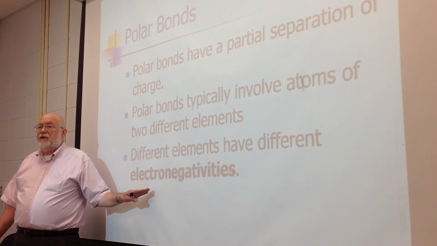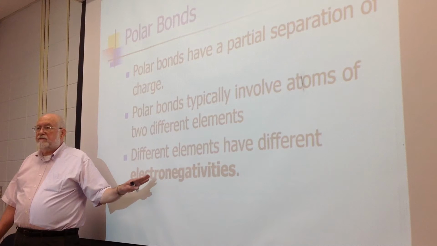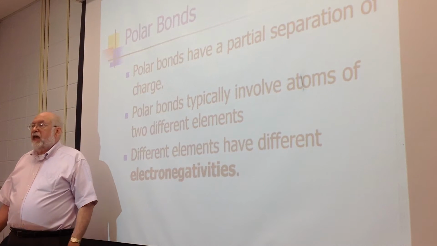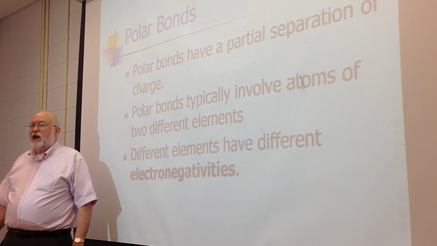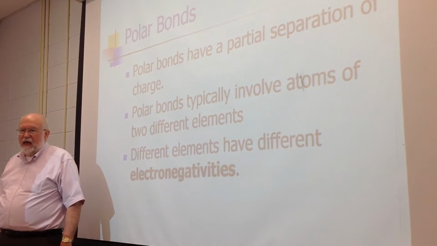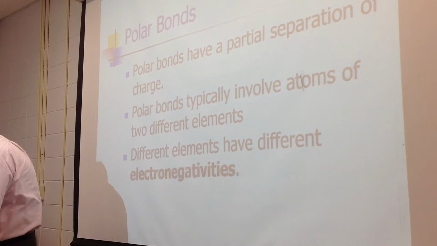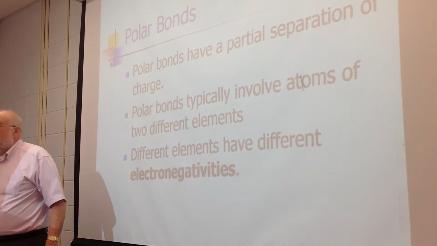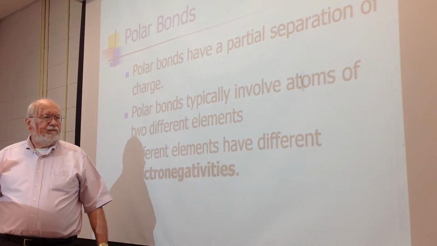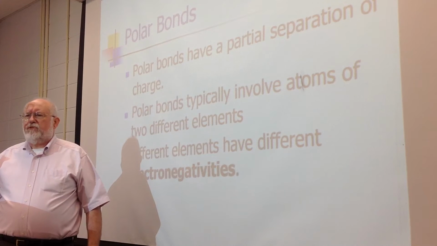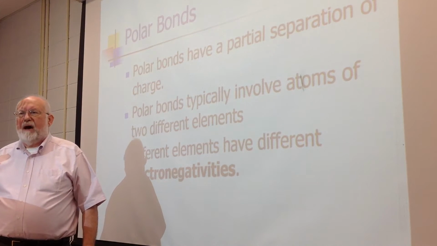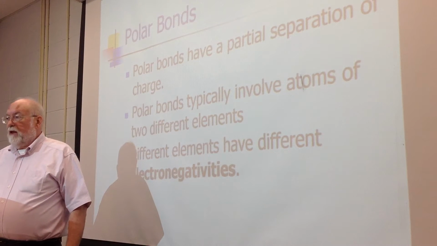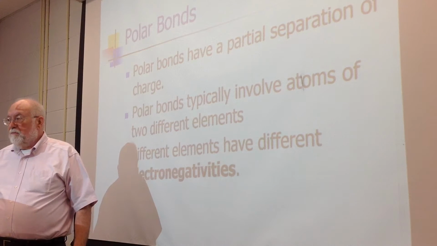But if they're different atoms, two atoms of different elements, they have different electronegativities, they're not necessarily going to share things out evenly, and you're going to get a slight imbalance, and thus a partial separation of charge. Now let's just put some drawings up here on the board and demonstrate what we mean by nonpolar, and then we'll look at polar. Okay?